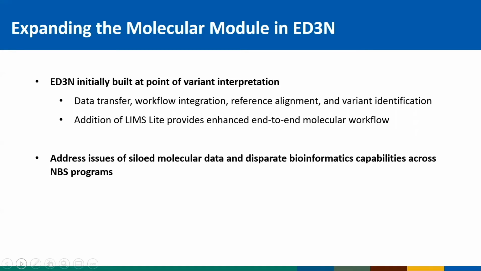As we continued to work with programs through discussions and pilot testing, it became clear that the upstream sequencing, alignment, and variant identification process could also use assistance and automation, to aid newborn screening programs' ability to add this type of testing and interpretation.